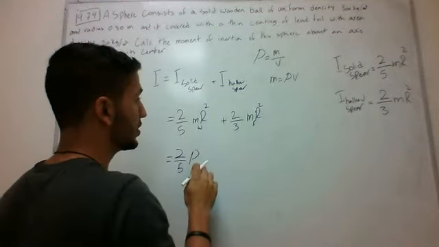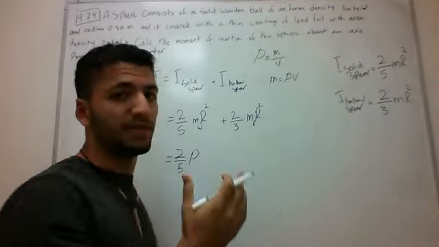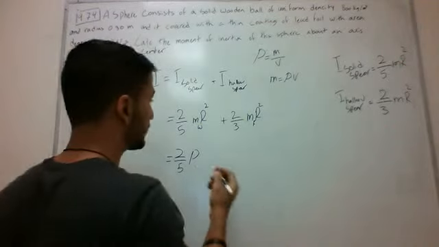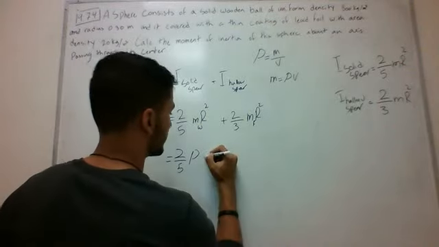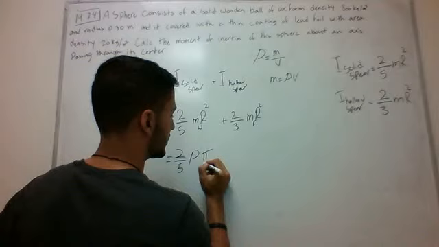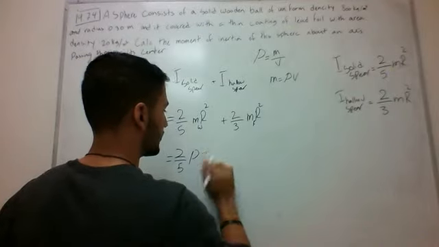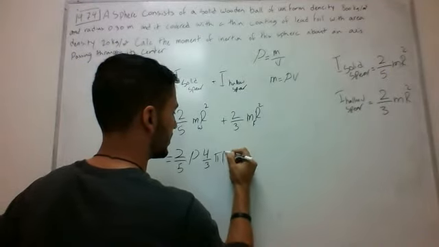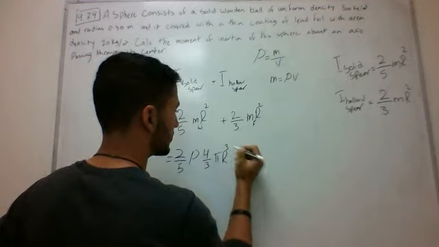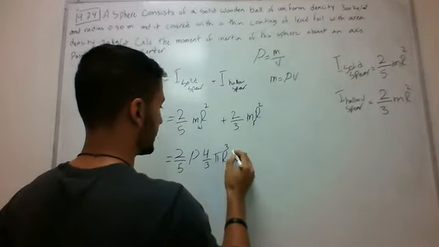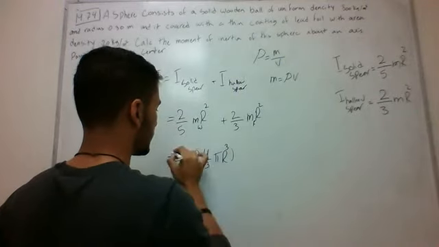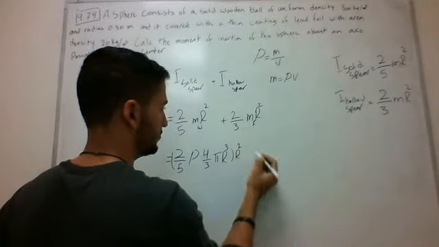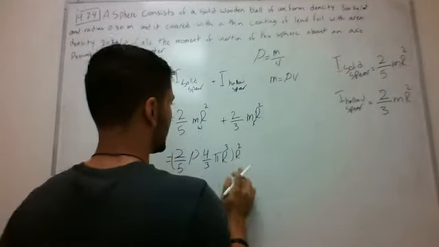So now we need to know the volume equation. The volume equation is going to be 4 over 3 pi r cubed. So we're going to multiply this whole thing by what we have here, r squared. Okay, so now that's for the first part.